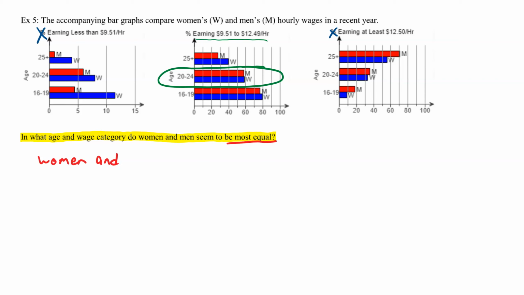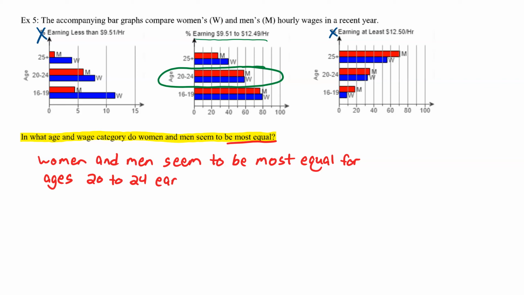So women and men seem to be most equal for ages 20 to 24, earning $9.51 to $12.49 per hour. So that concludes section 14.1.